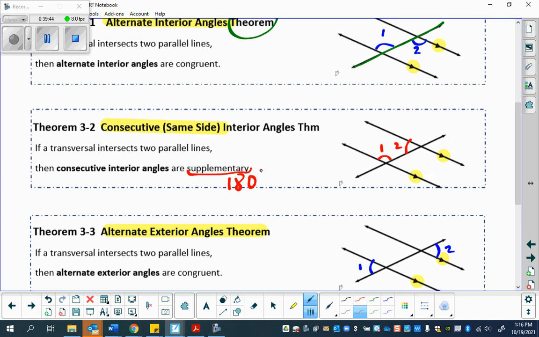If the lines are parallel, then same side interior angles are going to be supplementary. Hey, guess what? Our same side exterior angles are also going to be supplementary.